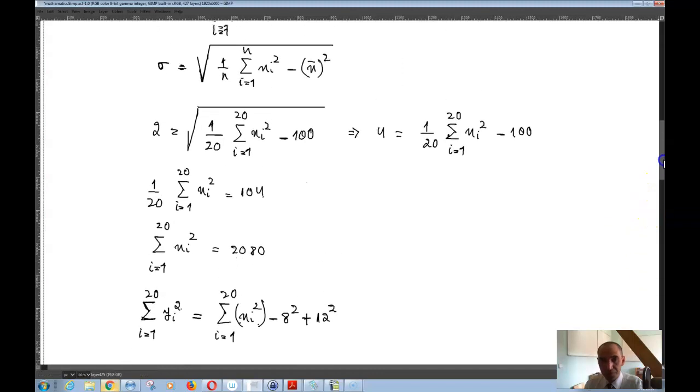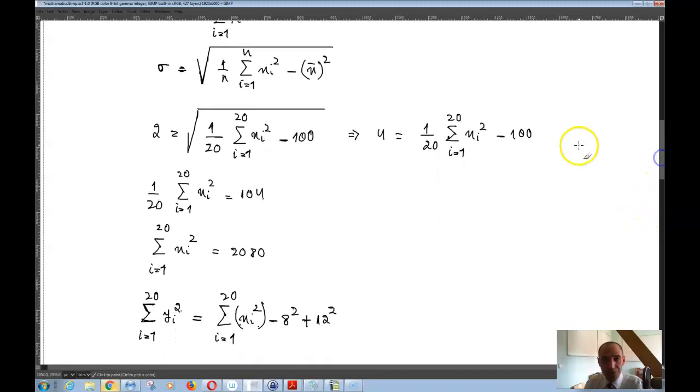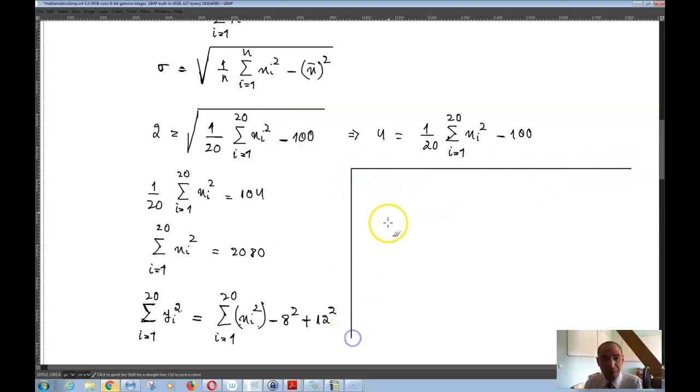I can write sigma of the variable y, or the new sigma, is equal to the square root of 1 over n, where I still have 20 observations, times the sigma of y of i squared as i goes from 1 to 20, minus y bar squared.